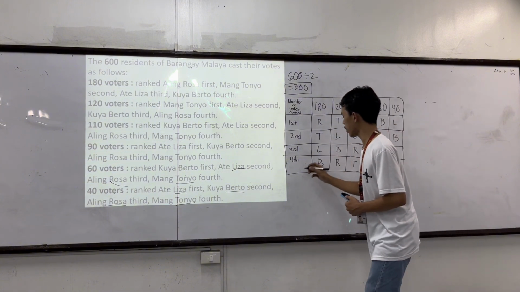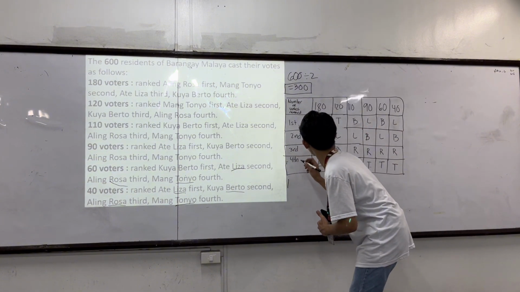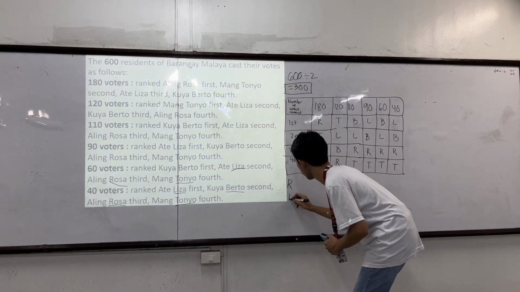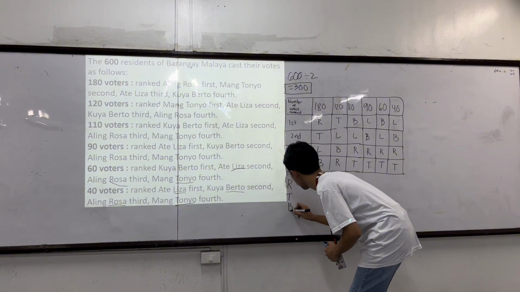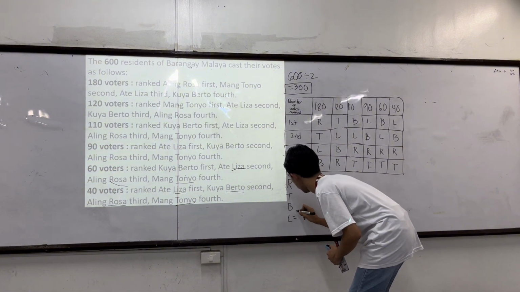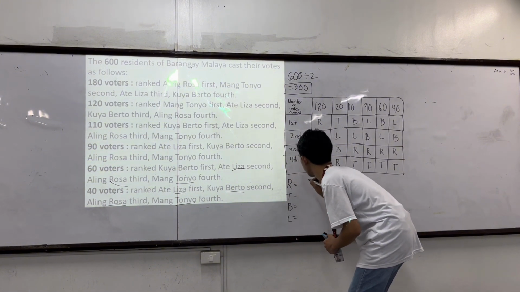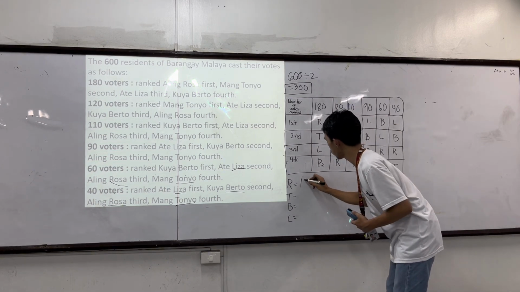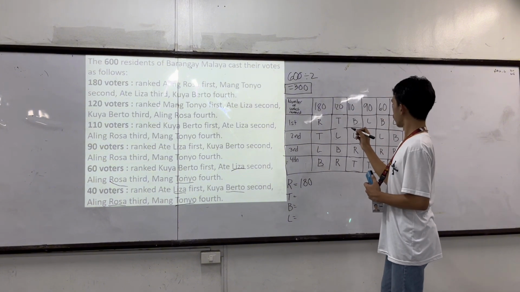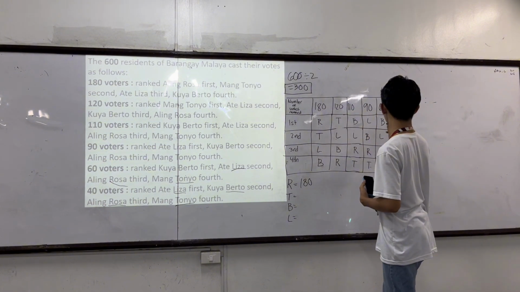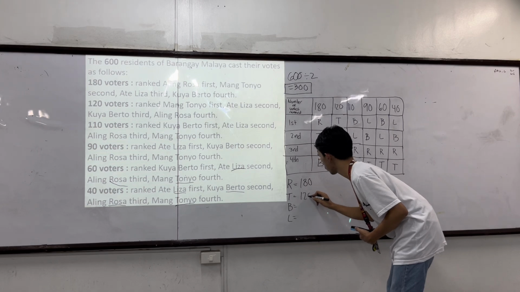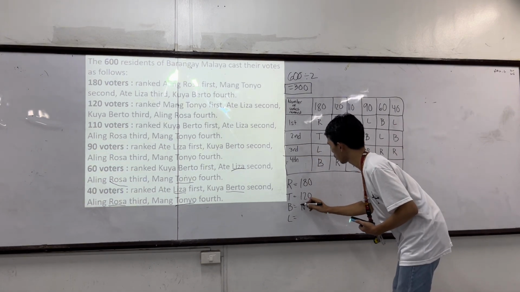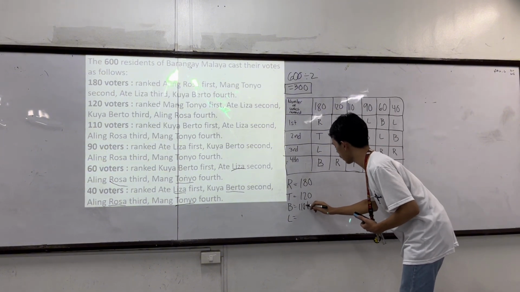So in the first round, we need to calculate it. Aling Rosa, Mang Tonyo, Kuya Berto, and Ate Liza. Aling Rosa received 180 votes. Mang Tonyo received 120 votes. Kuya Berto received 110 plus 60.